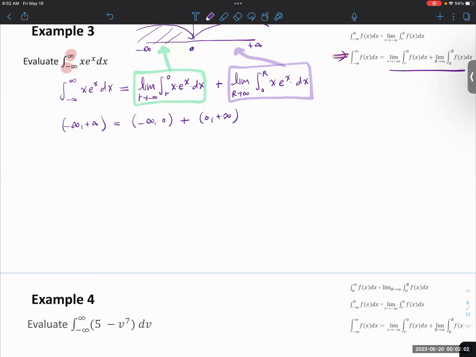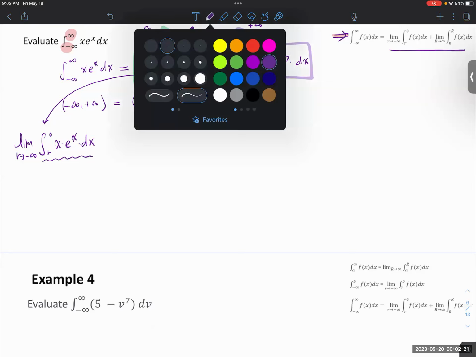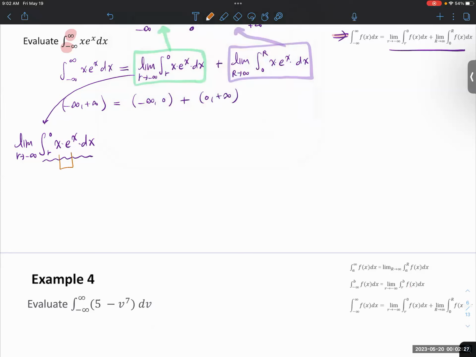I'm going to work on the first part, the first box, first term. So we're going to take the limit as r approaches negative infinity of the integral from r to 0 of x times e to the x dx. So we are going to take a limit first. Do you remember what is going on? This is a multiplication of two functions.